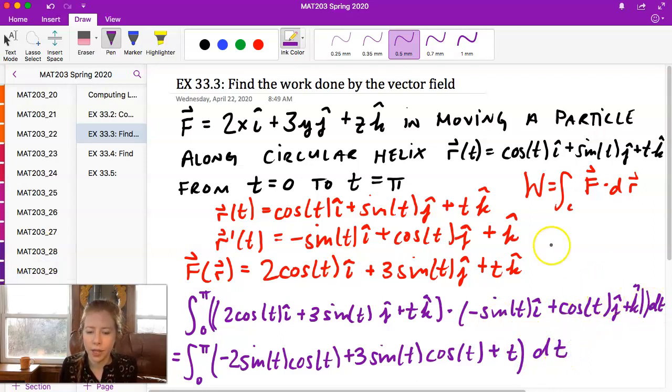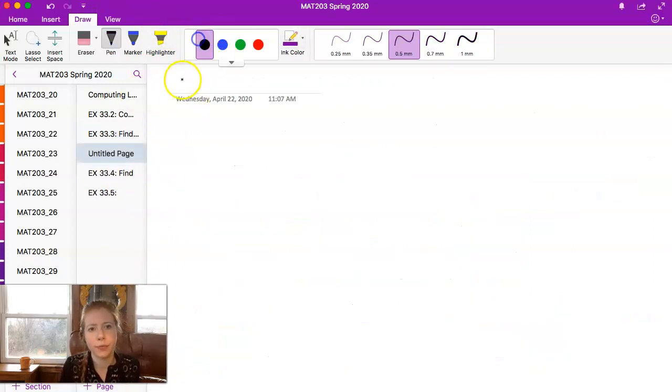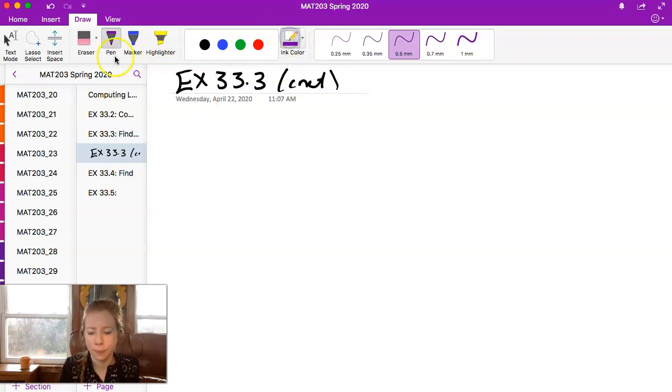All right. And so let's actually split up this interval just a little bit. And I'm going to add a sheet since I'm running out of room. Okay.